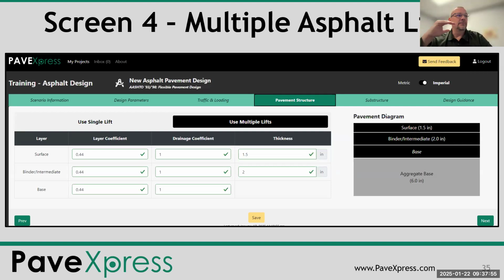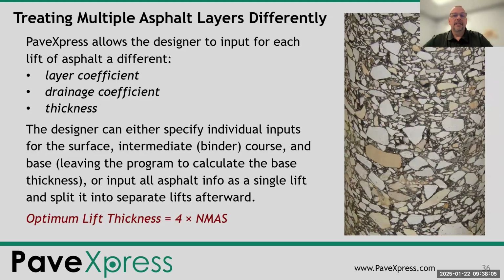You can input a different layer coefficient for each of those pavement layers, or a drainage coefficient for each of those layers as well. So when the multiple lift option is selected, the user can input a set layer coefficient and thickness for each of the layers. And then PaveXpress will iterate to calculate the required base thickness.